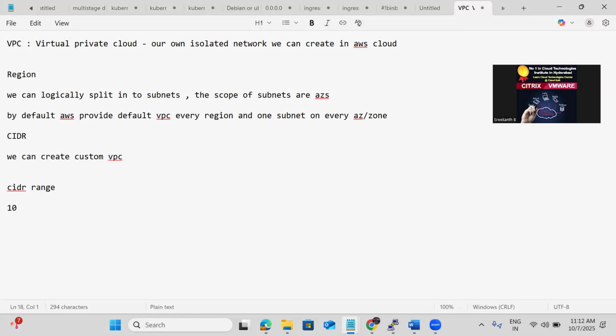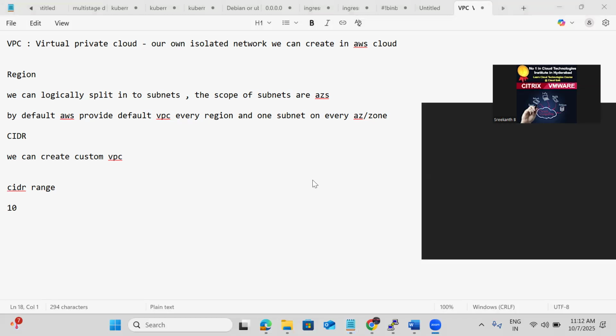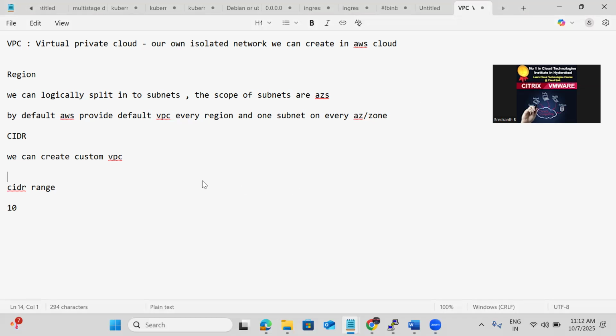Why we are choosing in that range is because those are the private ranges we need to choose.